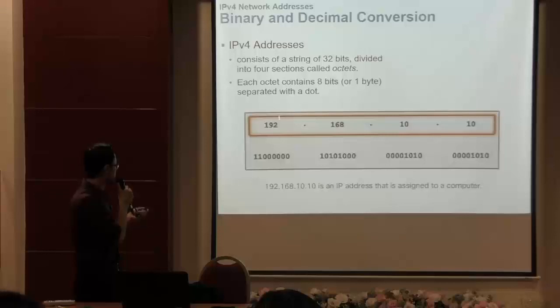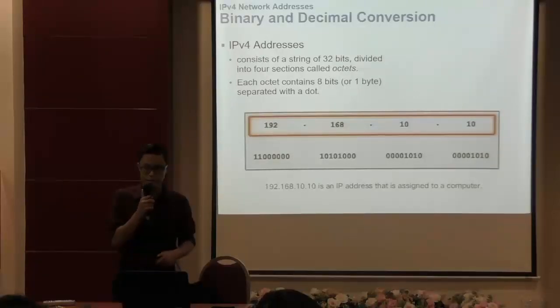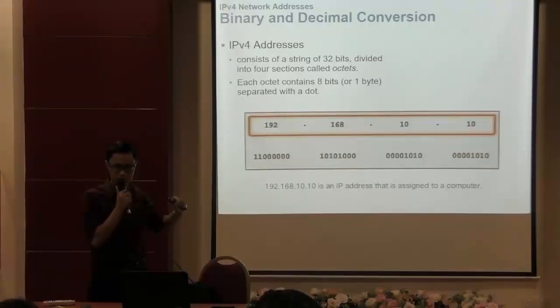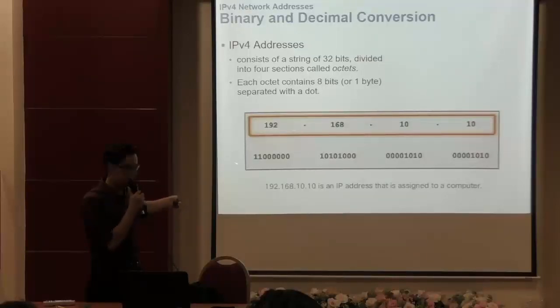Each octet has its own 8 bits, and the bits represent binary numbers. Here this one is the decimal and this is the binary.